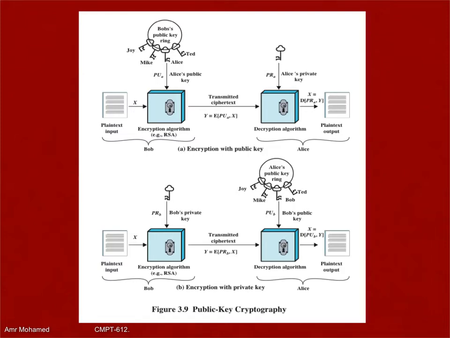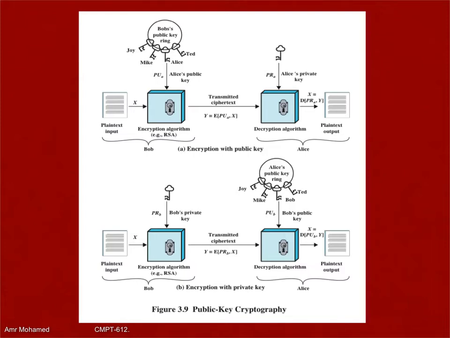So the private key is used in that case to encrypt the hash instead of the message itself. Alice would encrypt the hash with her private key and send it to Bob.